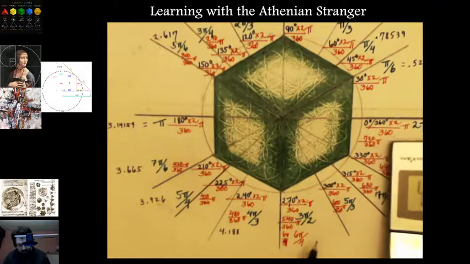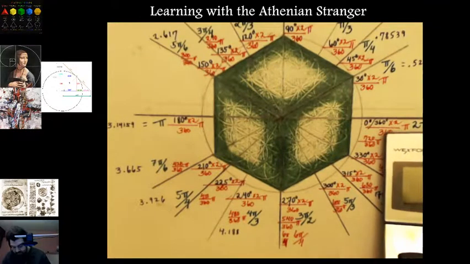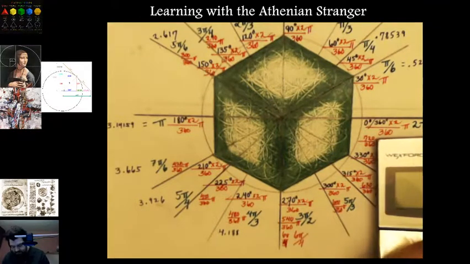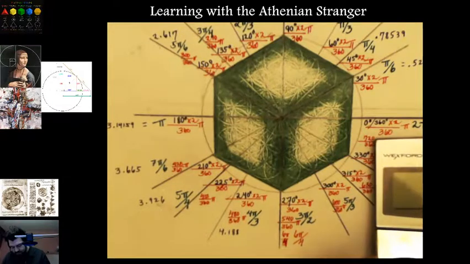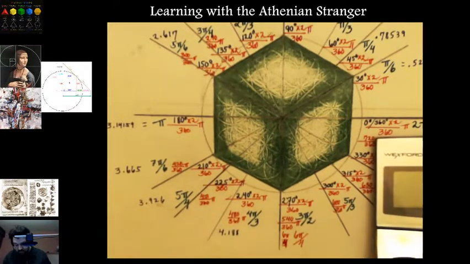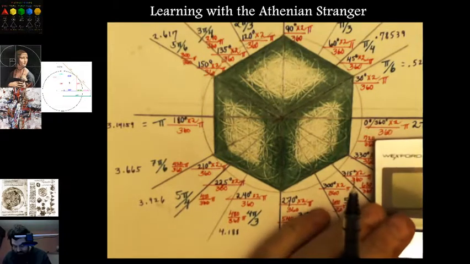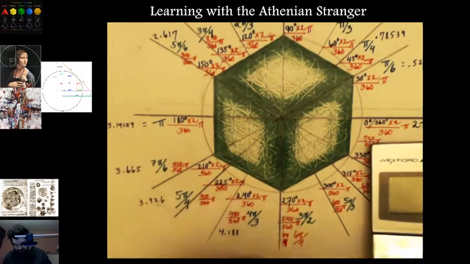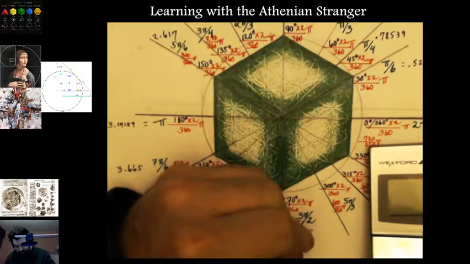Let's continue. 3 pi over 2. 3 times 3.14159 divided by 2. 4.712.